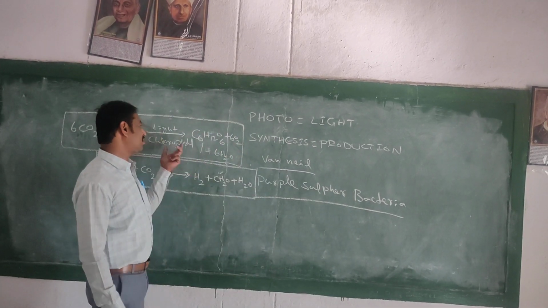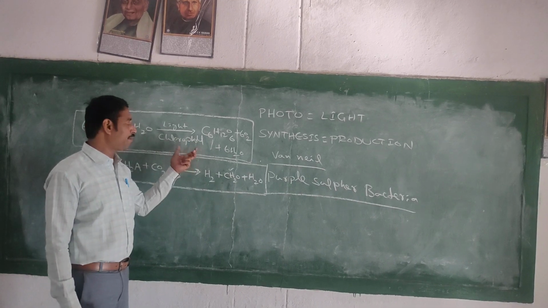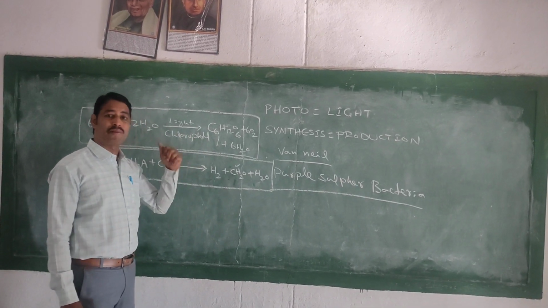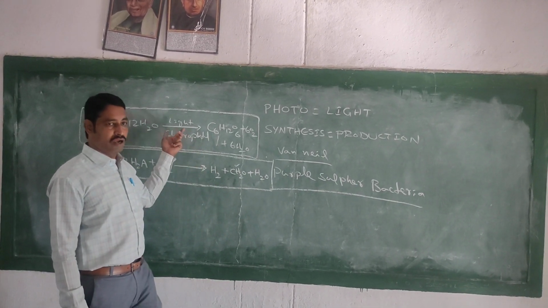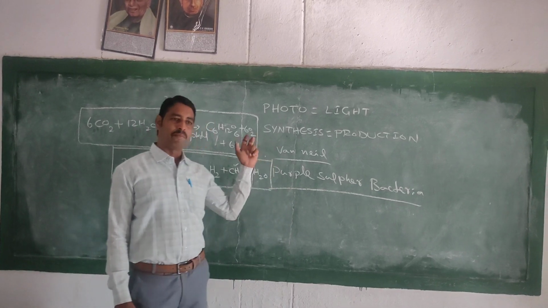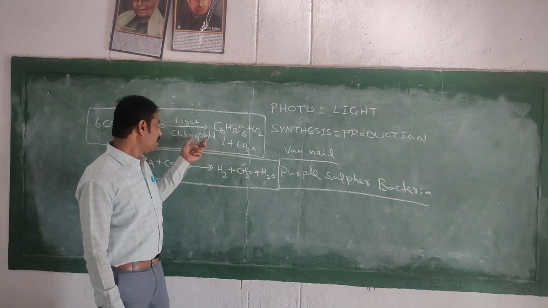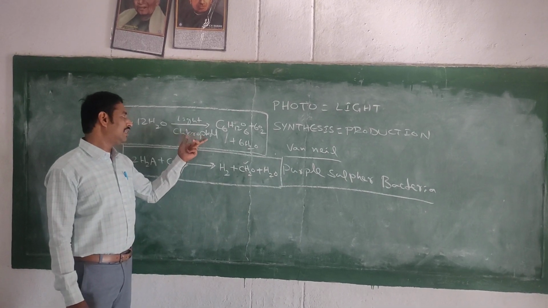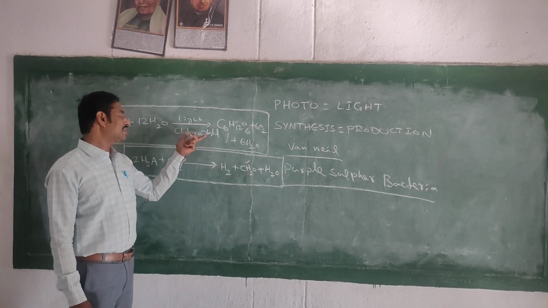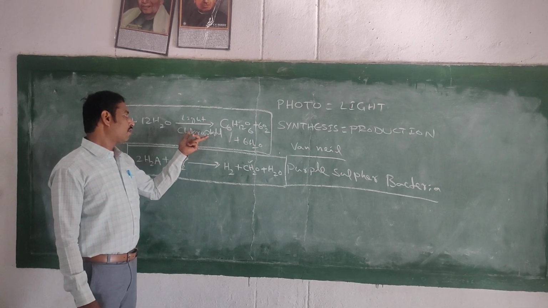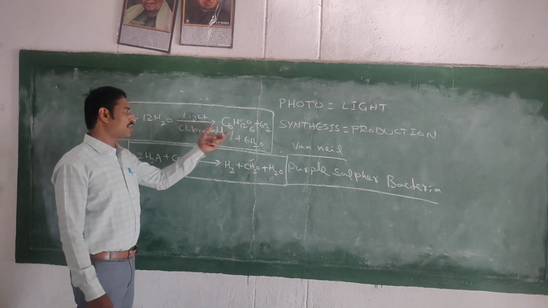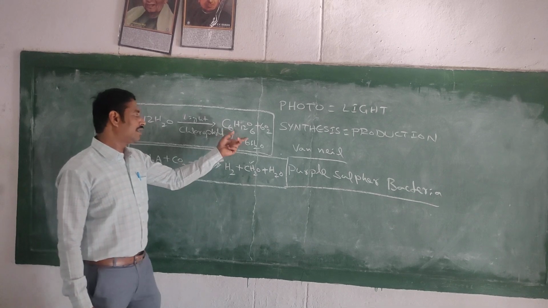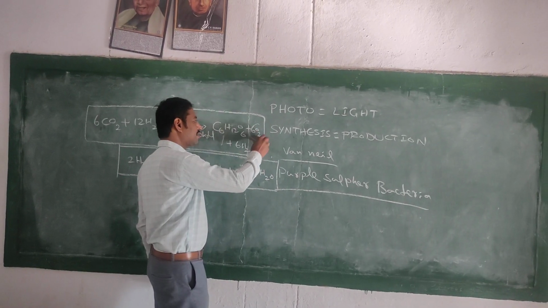The chloroplast is a type of plastid, the green color plastid found only in plant cells. In the chloroplast, chlorophyll is present. That chlorophyll is used for the production of glucose, and oxygen is released.